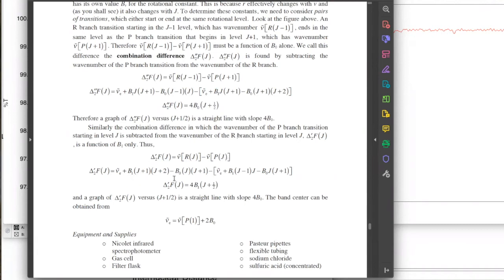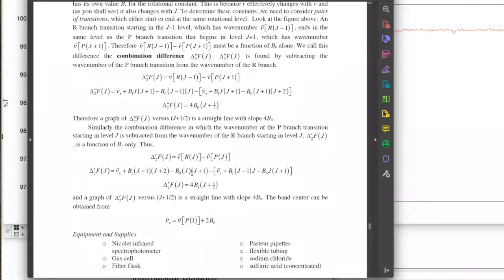We can substitute in from the harmonic oscillator, rigid rotor, the energy, or the wave number that we expect for those two transitions. And we're going to subtract those. Oh, the fundamental wave number will cancel out. That's good. We'll determine that later.